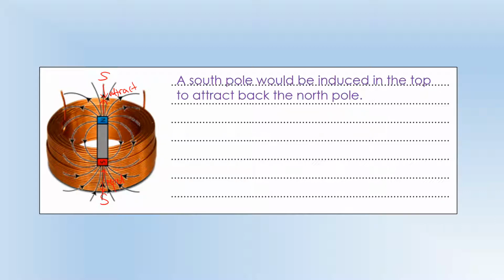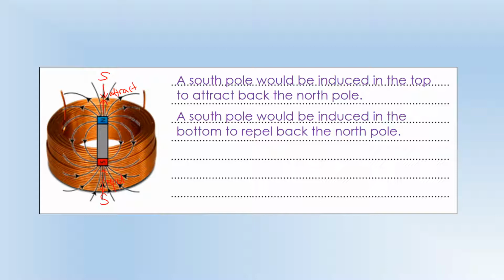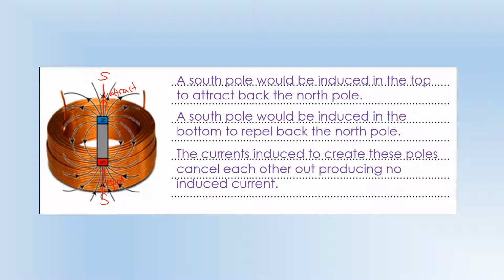So essentially what we've done is we've tried to induce a south pole at both ends. But we can't do that. As I said, you have to produce two poles together. So what happens is those two cancel each other out and you produce no EMF and no current and no poles in the coil. And so that's why the graph goes through this sort of wave section here.